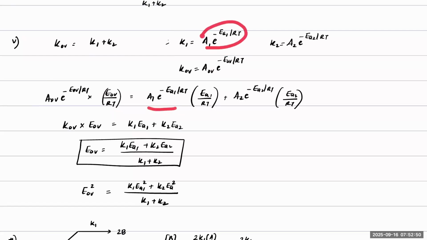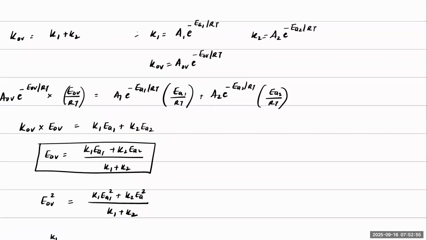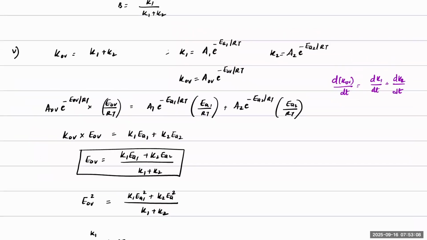I'll get the same value. So all I'm doing is differentiating d of k overall by dt is equal to d of k1 by dt plus d of k2 by dt, correct? So if I differentiate that part here, I will get this equation, and this equation.